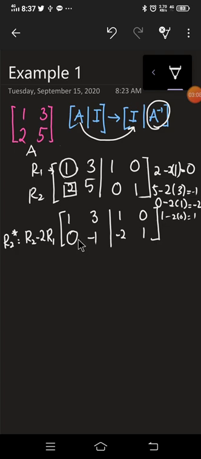Okay, we stop here, since there is no element below the 1 on the leading diagonal of row 1. The next step is to change the second leading diagonal. This is the second leading diagonal, negative 1. We need to change it into 1, the same as the first leading diagonal.